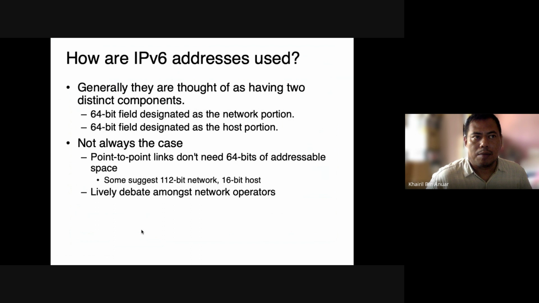Same goes for IPv6, but in IPv6 they already say that out of the 128 bits, 64, which is half of the bits, is assigned as the network portion. Another 64 is assigned for the host portion. But you don't need to have it segmented like that. For example, for point-to-point, you can suggest a 112-bit network and 16-bit host. So that is another example.